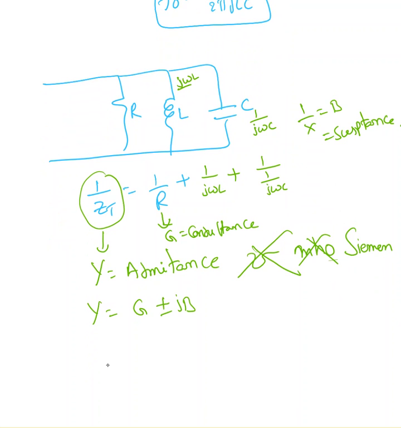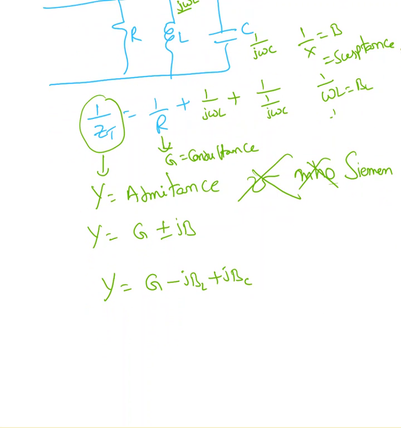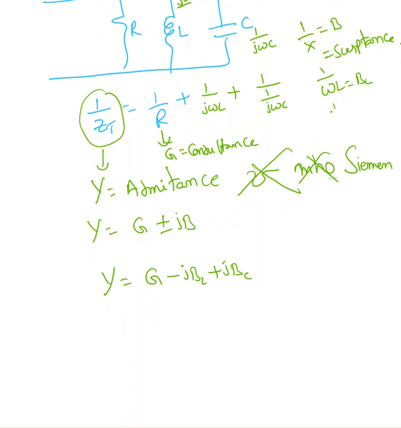So here I can write 1 over Z equals Y, 1 over R equals G, plus 1 over omega L, which is B L, so it's nothing but minus j B L. This is going to be plus j B C. So we'll have an imaginary part and a real part.